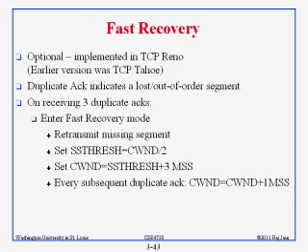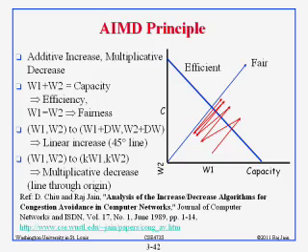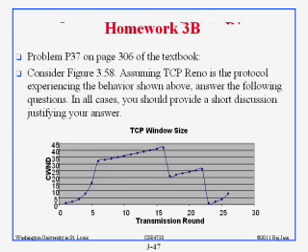I wish I had a graph here, but actually the graph was there in the homework. Let me just show you this one. Here you got 3 duplicate acknowledgements, so you didn't go down to 1, you went down to half, right? And then you entered the linear phase. Why is it linear?